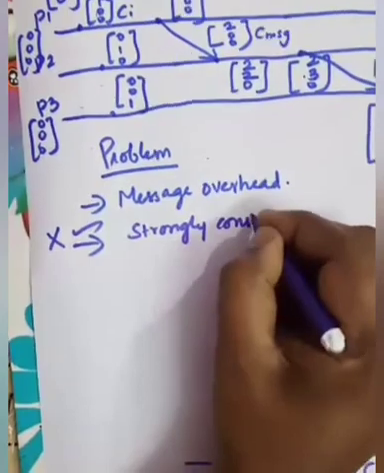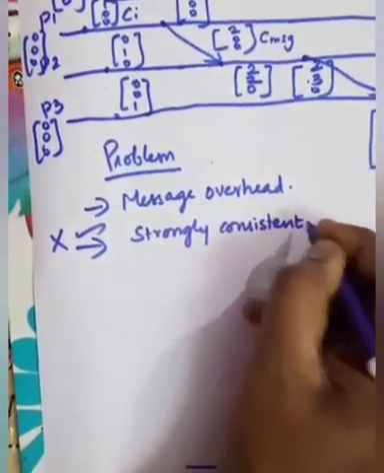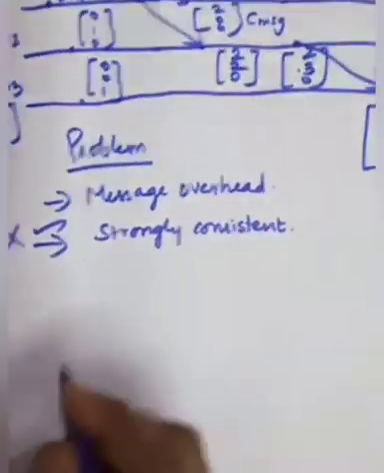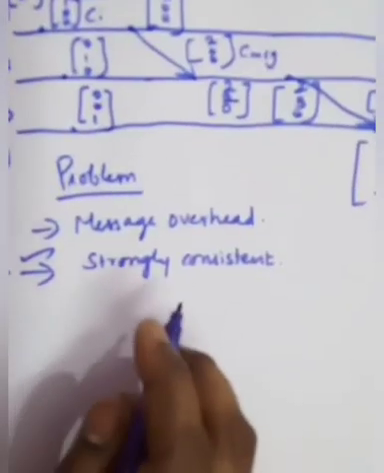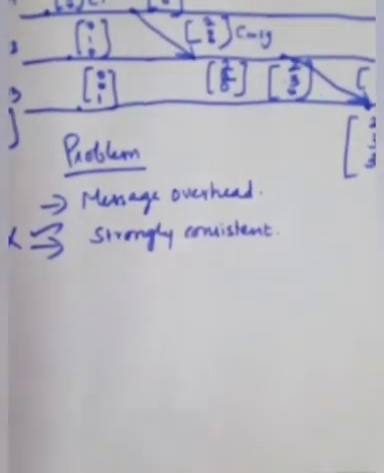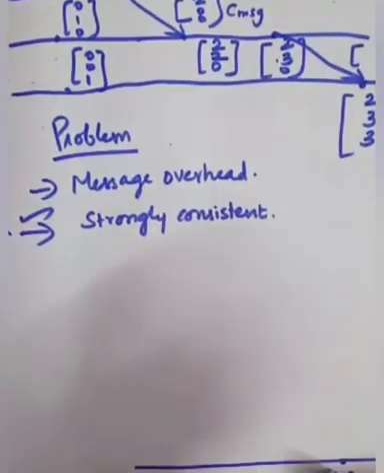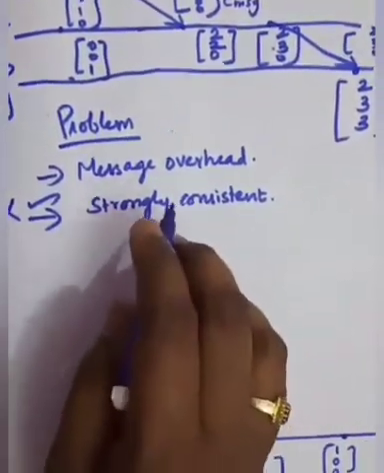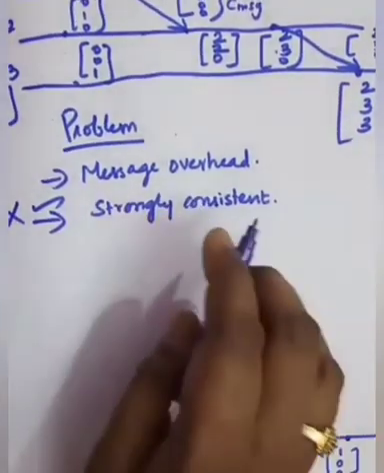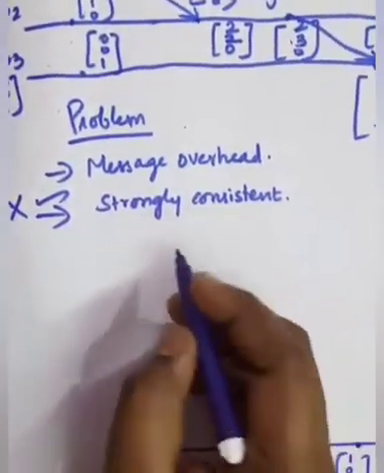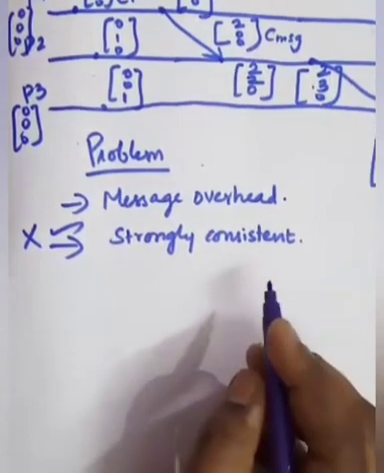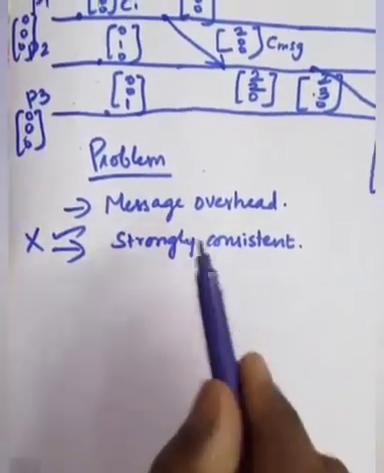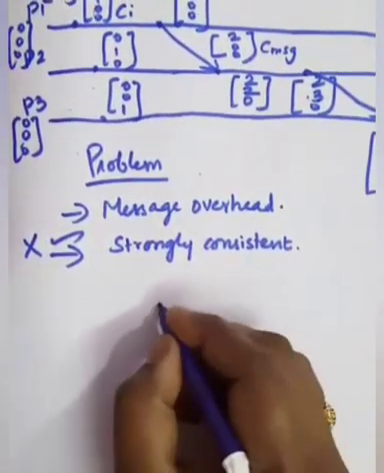Since all the processes maintain the state messages of the remaining processes, it is easy for a process to determine or predict the timestamp value of another process when the message arrives. So it is said to be strongly consistent. The disadvantage is message overhead. Okay, that's the vector clock.